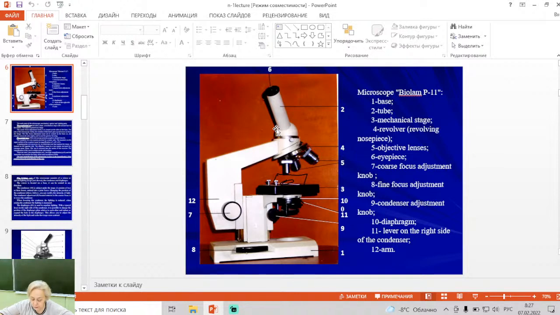Lift the objective lens up until an image of the object is shown in the field of view. Remember that the focal length for a small magnification is approximately 7 millimeters. When there will be 7 millimeters between objective lens and object, you can see the object under the microscope.